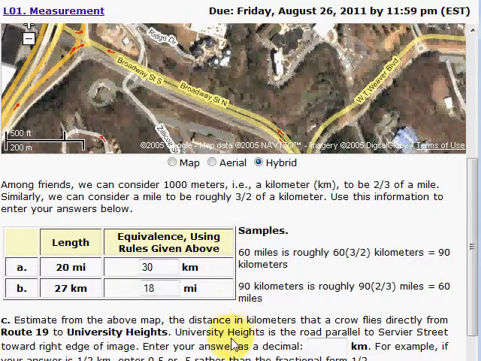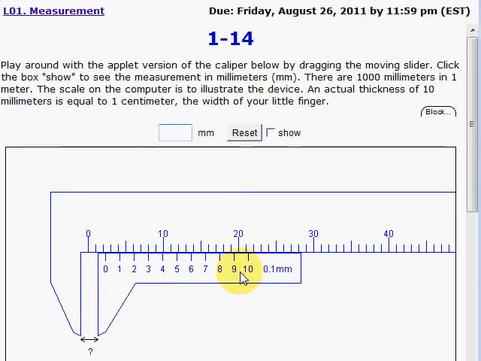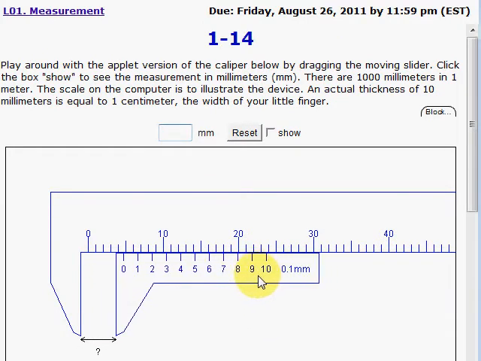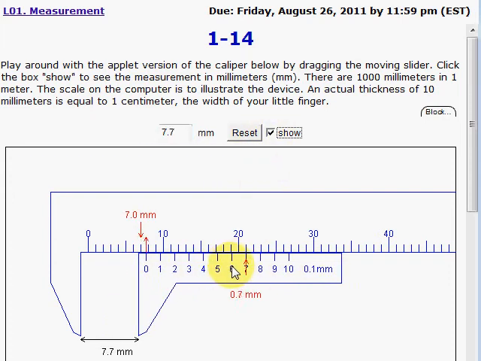Next is the Vernier Caliper, and that is a device you practice with here. I recommend just looking over it again, a little bit of review. The way this one works is, the answer is going to be the number that the 0 is in between here.